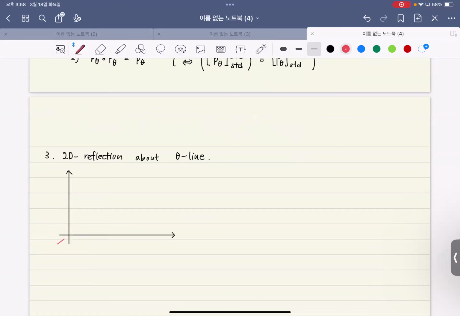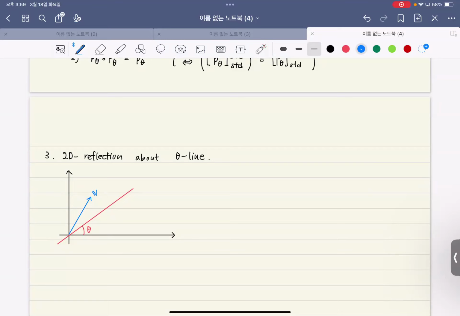Again, I have a one-dimensional subspace. This is the data line, and now choose any vector. This time around, I want to take a reflection of this vector about this line.